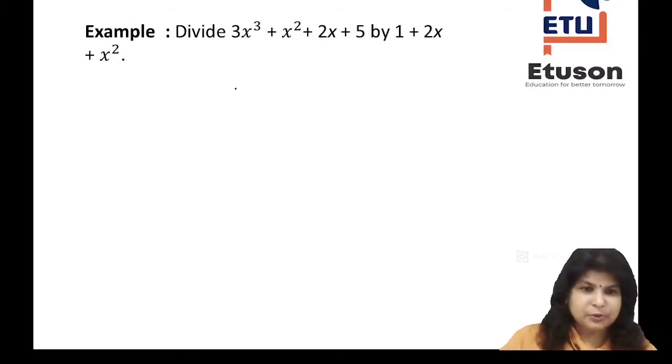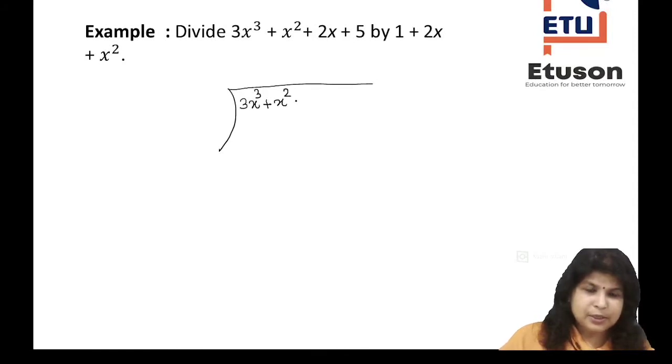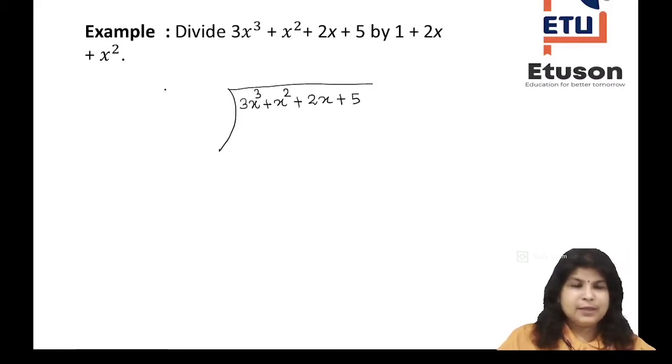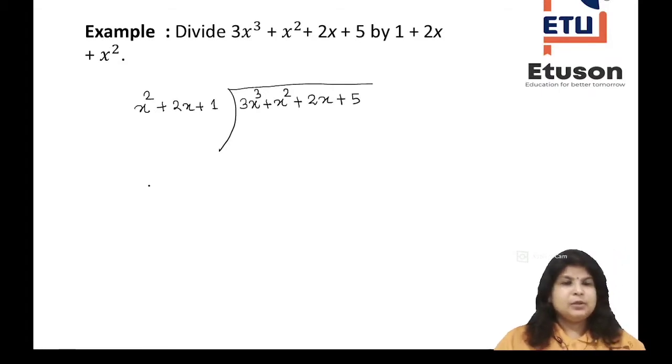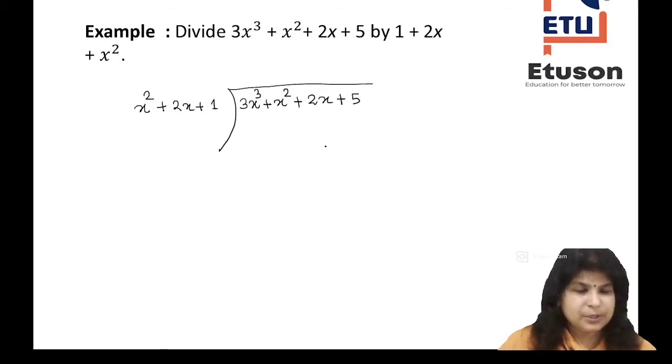So already your dividend is in the standard form, so I am just writing it, that is 3x cube plus x square plus 2x plus 5. And your divisor is not in the standard form. So let us write it in the standard form, that is x square plus 2x plus 1. Okay, so your first step is over.